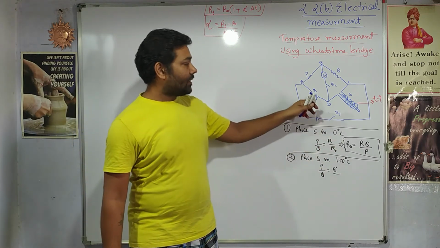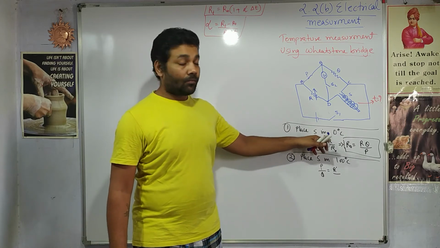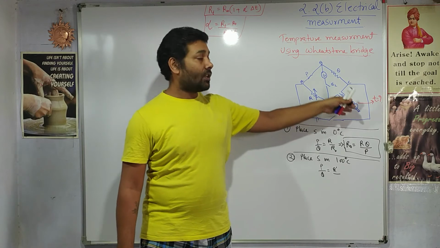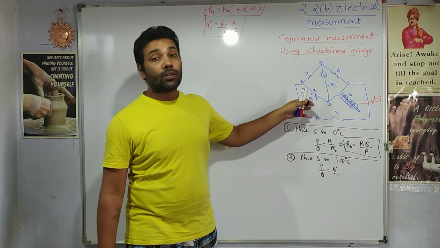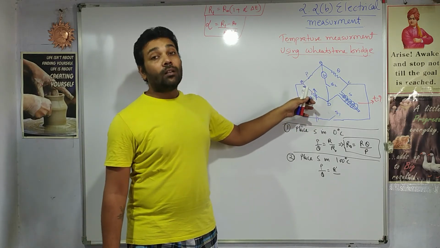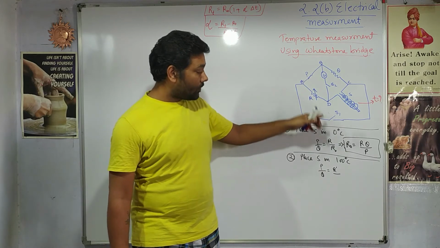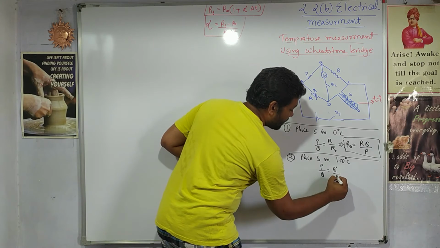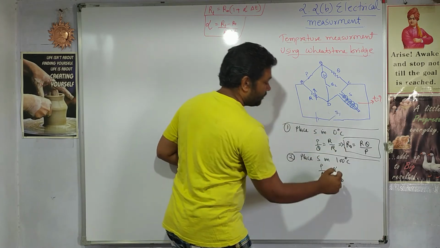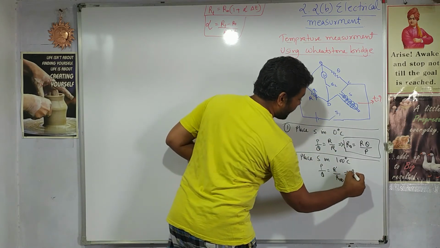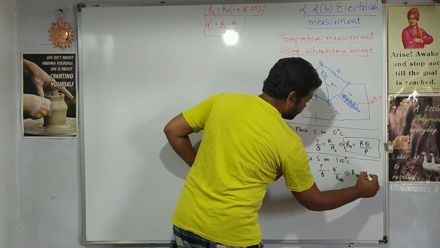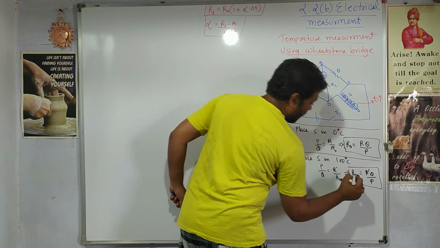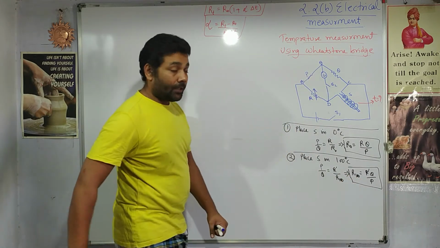At 0 degrees centigrade it was adjusted at R, but since this is at 100 degrees centigrade, the resistance will change, so obviously we will also have to change the value of the resistance box. So the new value of the resistance box is R dash, and R100 will be equal to R dash into Q by P. This is the resistance obtained at 100 degrees centigrade.